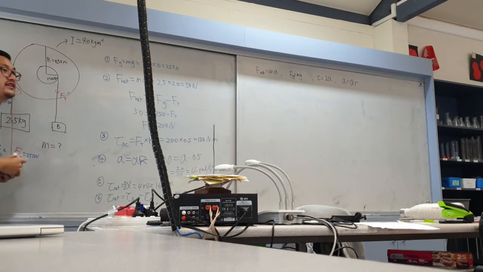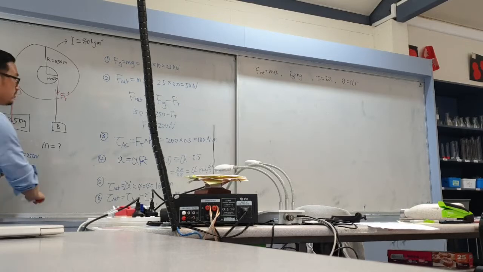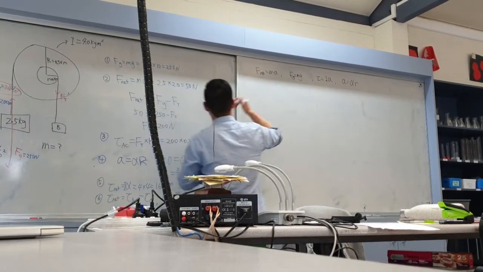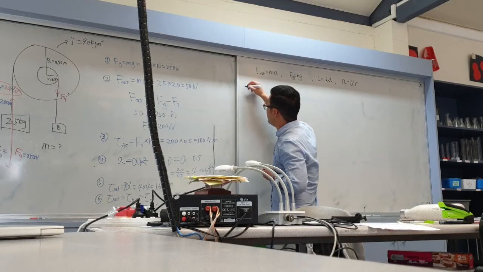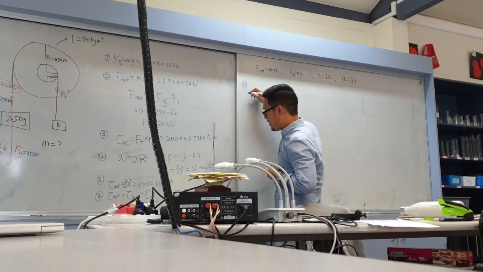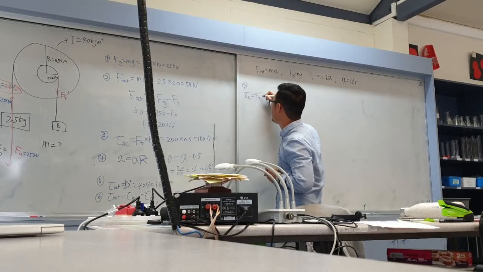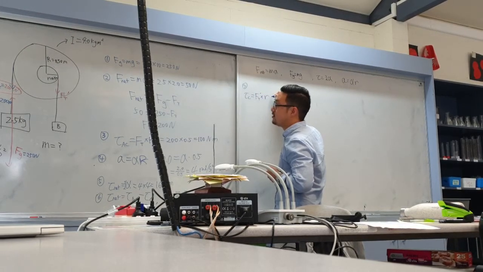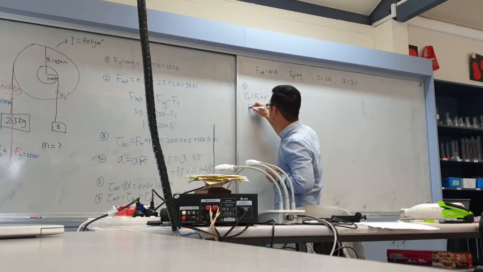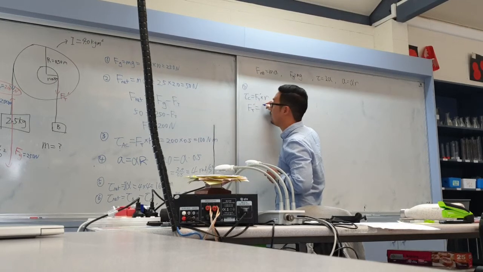I call it Ft dash because it's another tension force. Then I'll write over here, number 7, that clockwise torque comes from the Ft dash times the little r. So now the Ft dash is going to equal to 84 divided by 0.25.